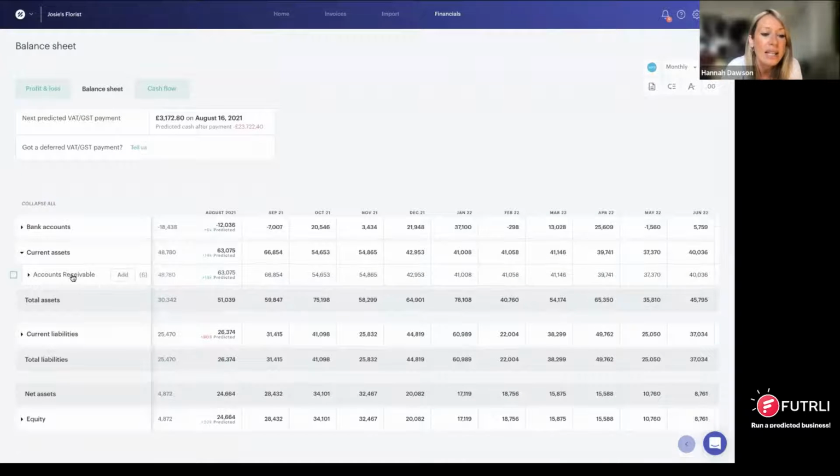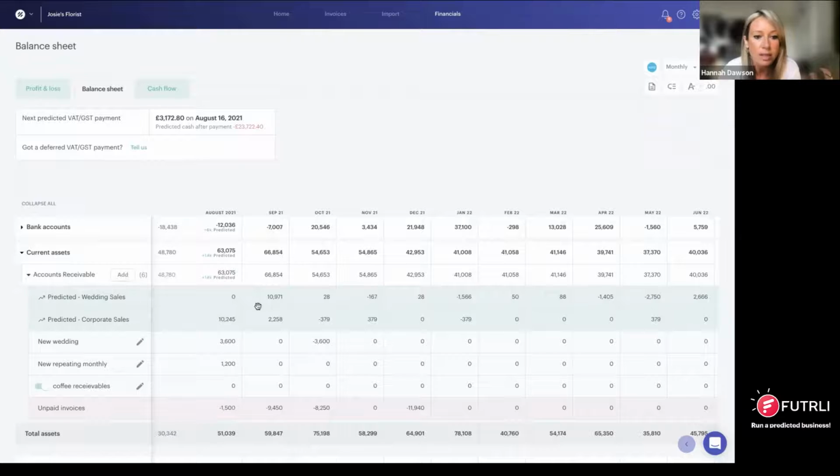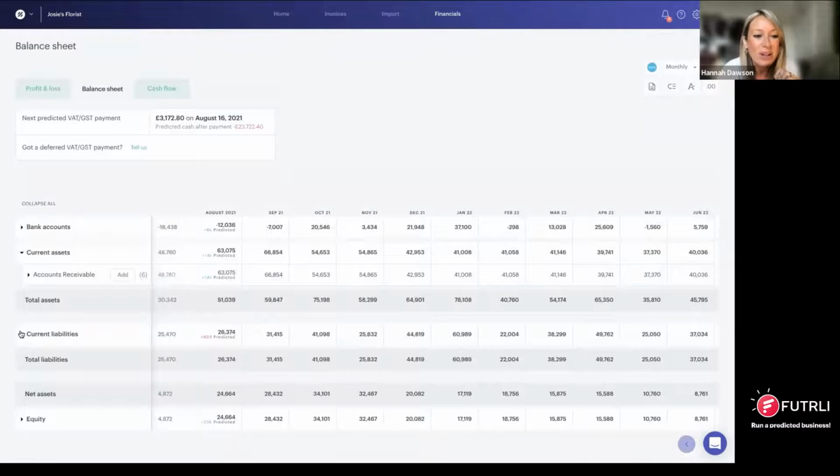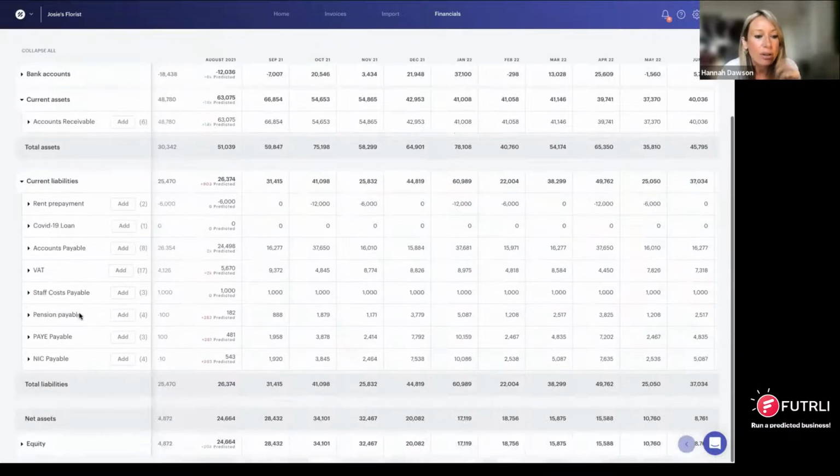You've got your assets now, because again, there's a full accounting engine in the background here. So if you're selling things using credit terms, until those things are paid, they're going to sit in your accounts receivable. So again, we can see these things here. You've got your current liabilities, so prepayments, loans, any of the tax implications, the tax liabilities that you've got.